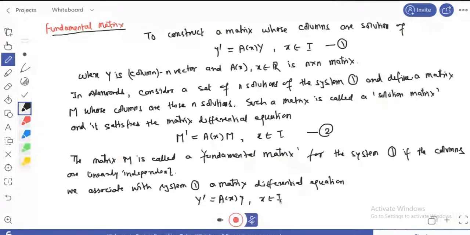So obviously this M is a solution of this equation star. Okay, so this condition holds when the matrix Ax is independent of x. So this is the solution of that.